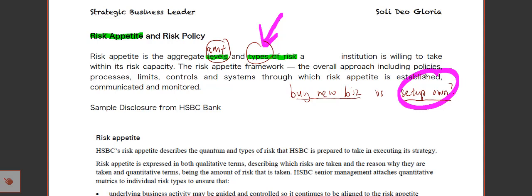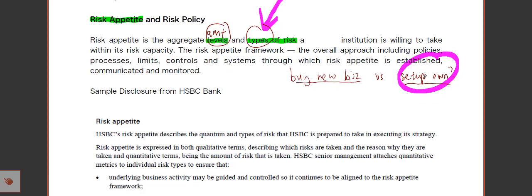That's why you have to be very, very clear: what kind of risks are you prepared to accept? And the next question is, how much risk are you prepared to take? How much loss can you accommodate? Now, these are all examples of risk appetite. It's never easy to define risk appetite in an absolute way.